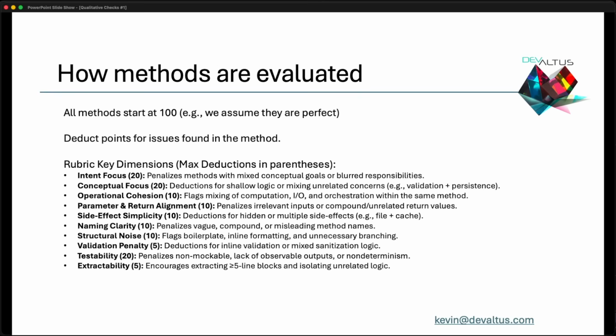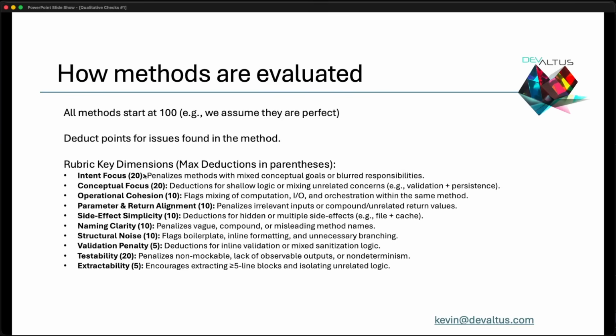First and foremost, let's talk about some of the prompt that we're going to be using, right? We want to evaluate individual methods, and we're going to be looking for each one of these separate things. And the way that we're looking for them is that we've added weights to them. Every method starts out with a quantitative value of 100. And as you find methods that violate intent focus, right, we penalize it.